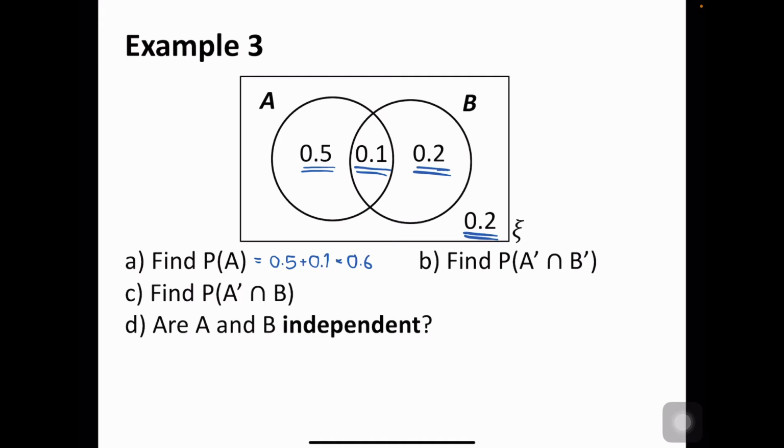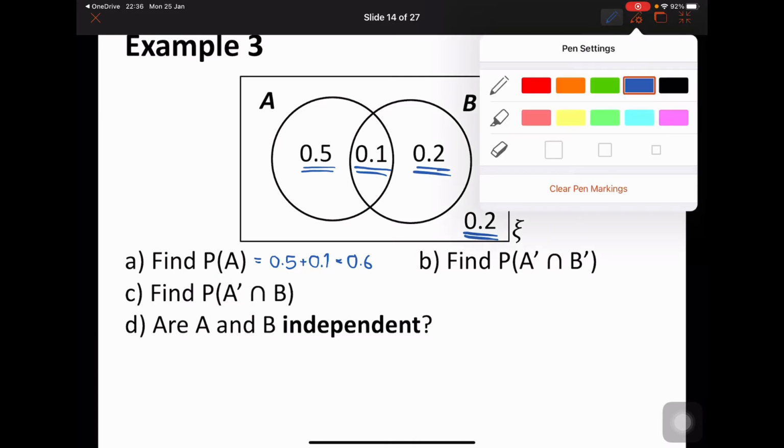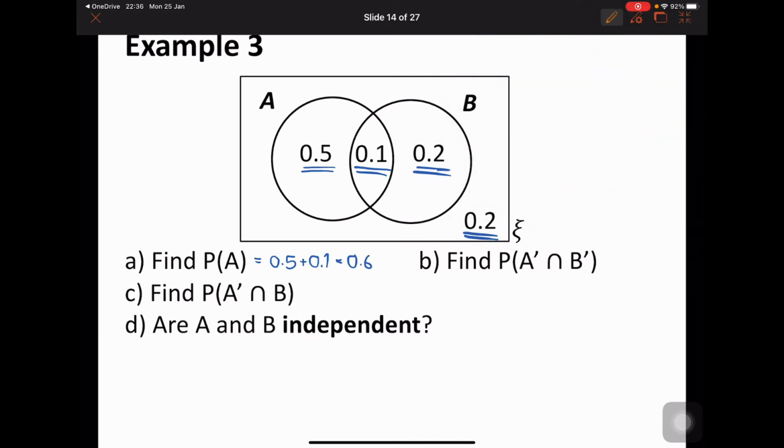Part E is not A and not B. So let me just use a different color. Not A and not B is going to be represented by this orange region. So it means everywhere outside those 2 circles.